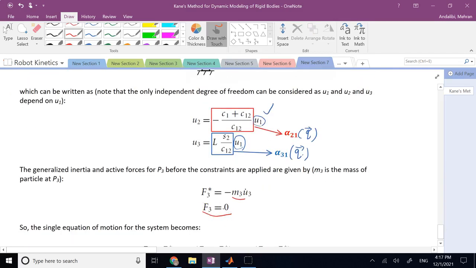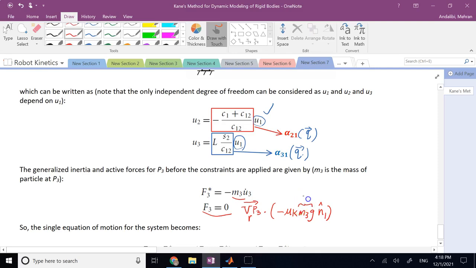Therefore you can say my F3 is simply equal to 0. If there was friction, then you would have to take the velocity of particle 3, for the r that you have, and here you only have one r, and dot product this with that friction force, which was equal to negative mu k times n, which in this case is mg, in the n1 direction.